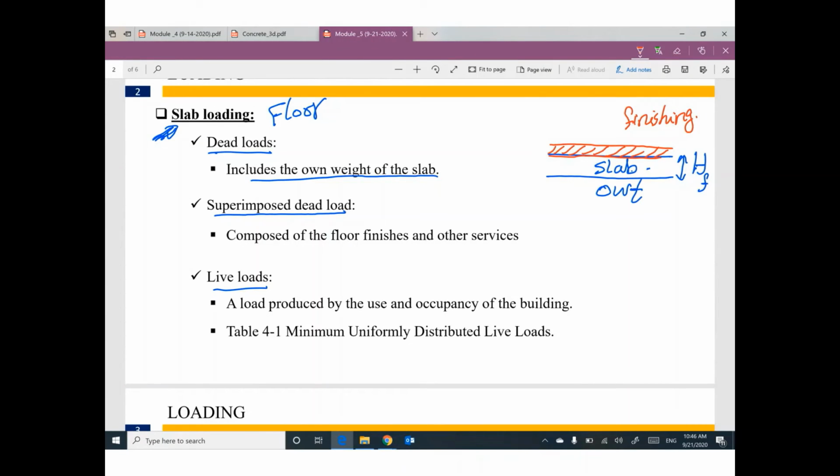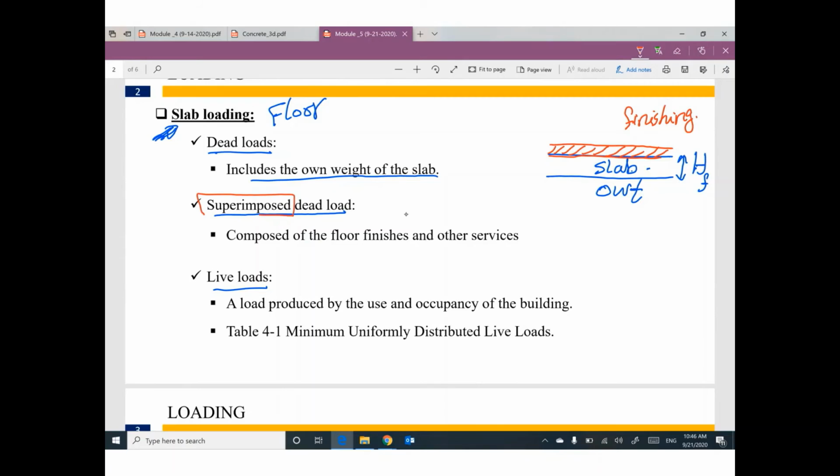Probably you have ceramics, parquet, wood floor or something. Anyway, we have something called finishing. This is called superimposed dead load.